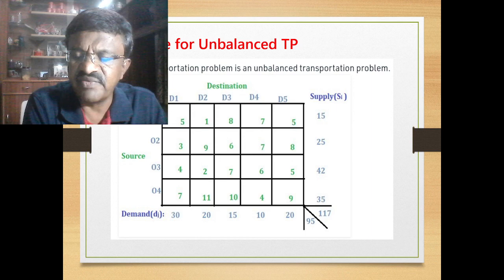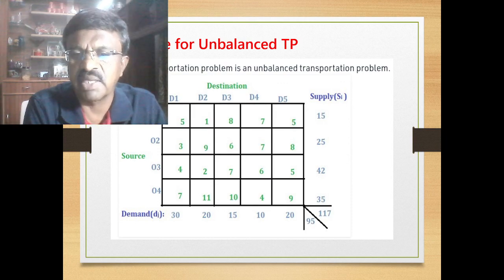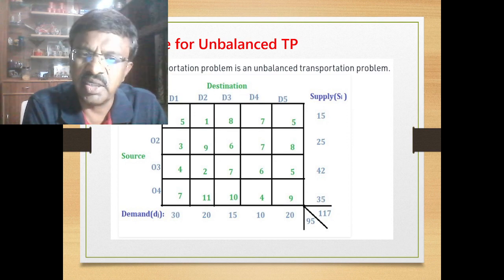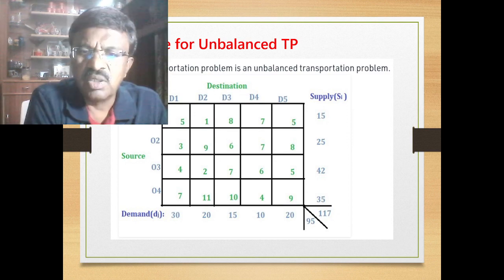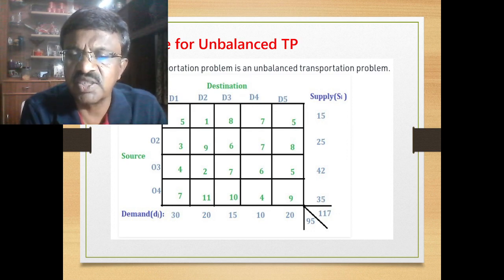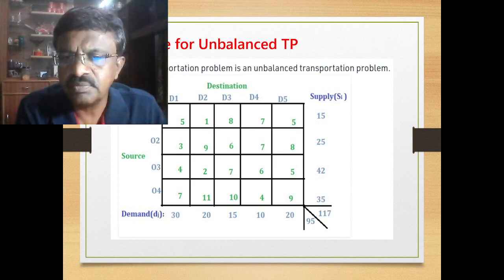So 117 minus 95, that is 22. 22 units surplus at the supply, or 22 units deficient at the demand. So we have to add a dummy column, say D6, with all the costs being zero, with that 22 as demand. Yes, the deficient demand should be written.